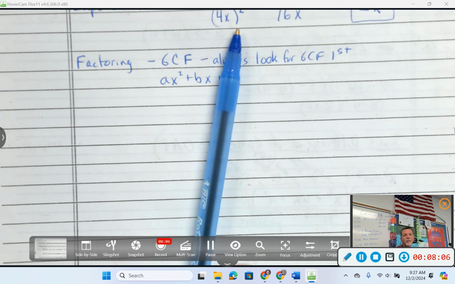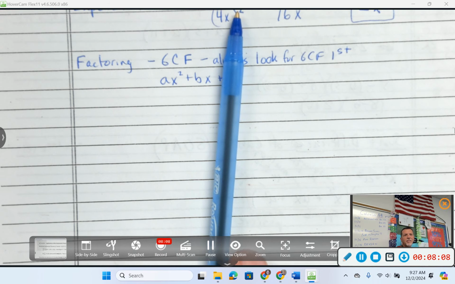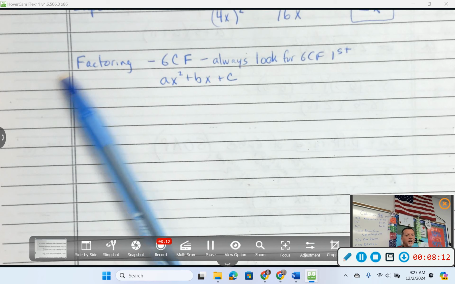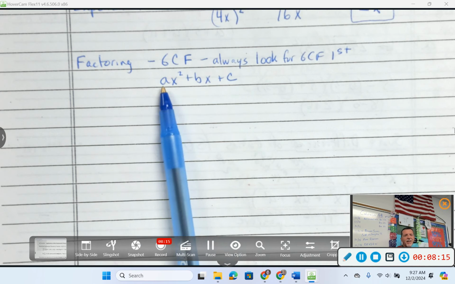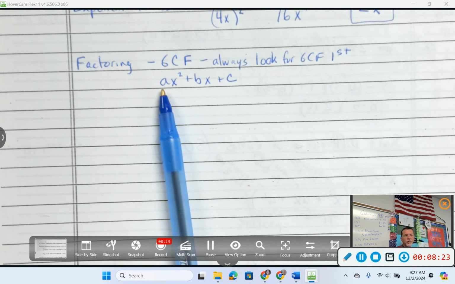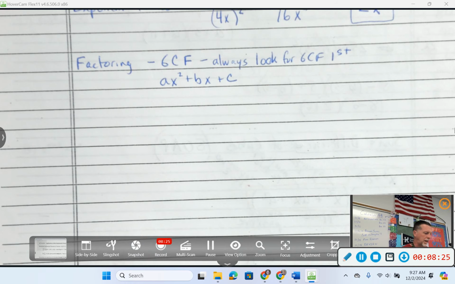No C. I wasn't even thinking about that. But yeah, no C would make life easy. Factor out an X. If A equals 1, then life is a little easier. If A is prime, life's not too bad, right? If that's like 3x squared, not terrible. It's when A is 4 or 6 or 12 that things get kind of complicated.